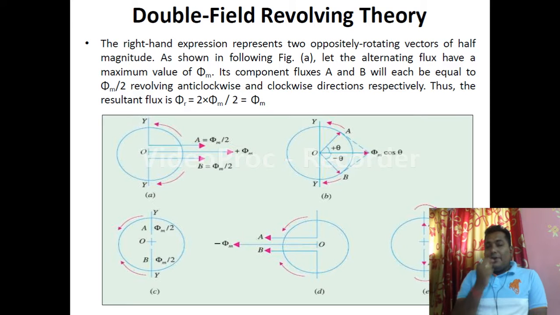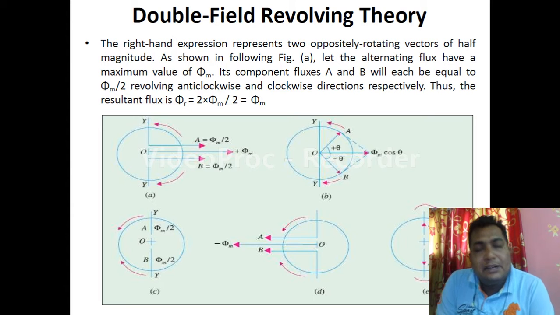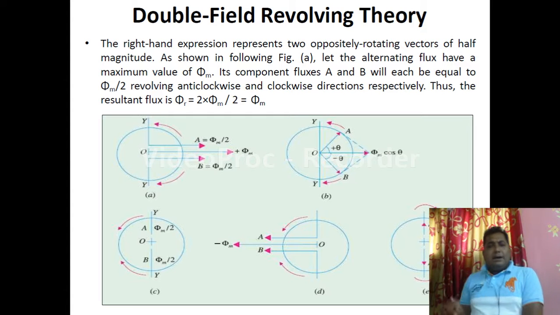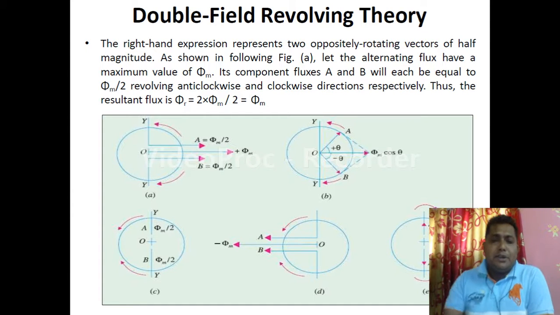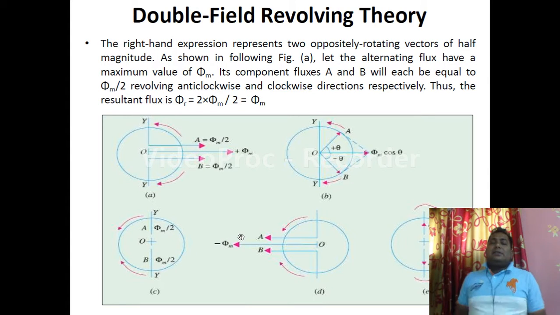In between somewhere we are considering phi m cos theta, and picture number C is representing the zero location. Now it is going in the negative half, going toward the negative maximum, that is minus phi m. Like this way it is continuously rotating, and a sinusoidal waveform is generated.